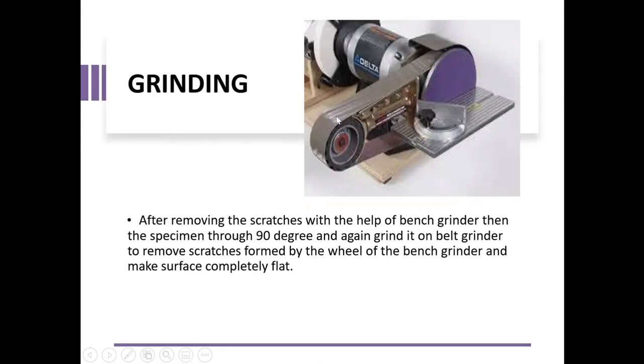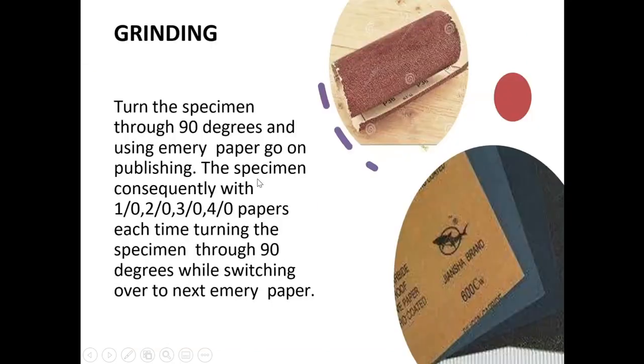Sometimes a belt is used. After removing the scratches with the help of the bench grinder, then turn the specimen through 90° and again grind on a belt grinder to remove scratches formed by the wheels of bench grinder and make surface completely flat. If this is not available, you can use papers of different grades. Generally we call it as polish papers, or you can use emery papers.